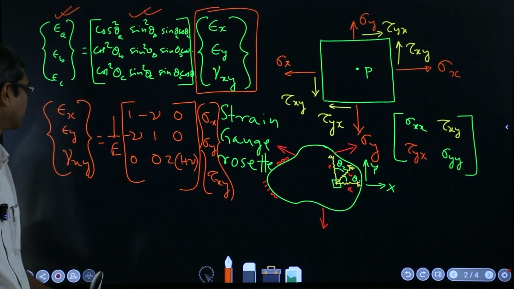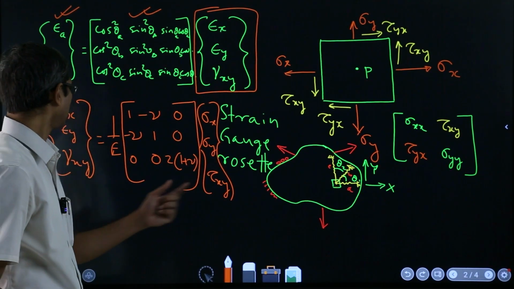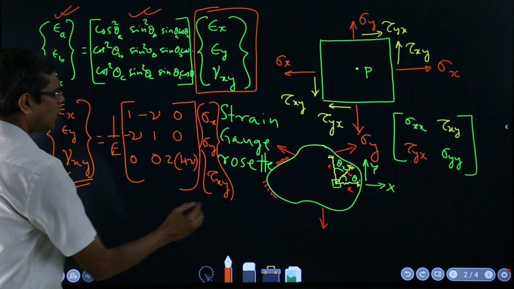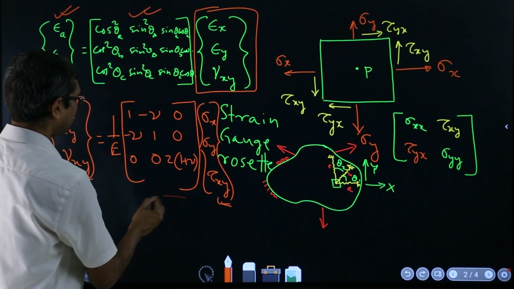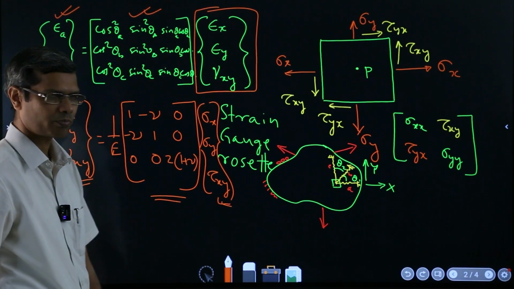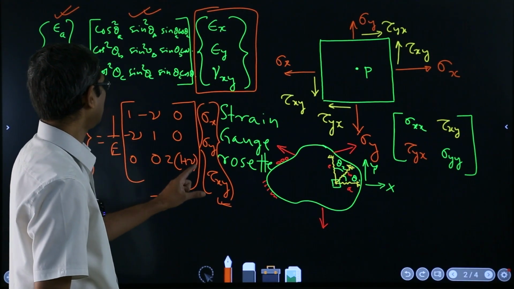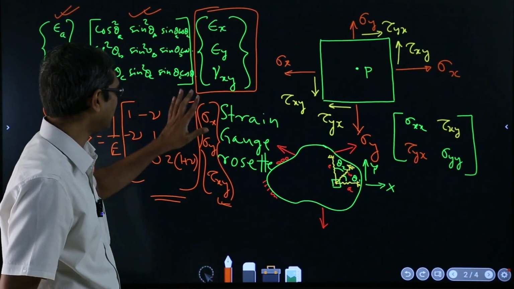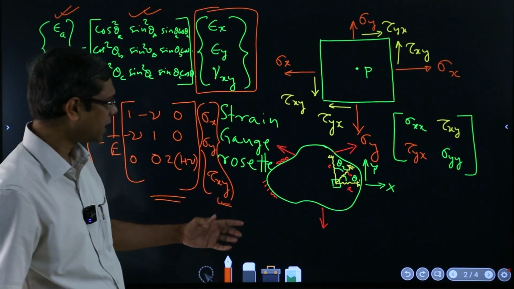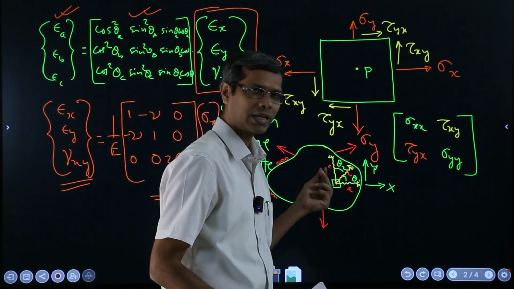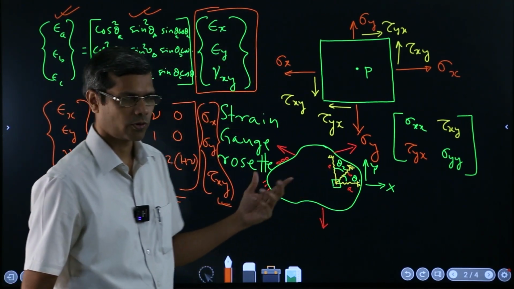Basically this is the relation. Now once you know the strains, you can always calculate the stresses by inverting this and multiplying it here. So that means you are in a position to calculate sigma x, sigma y, tau xy by putting these springs at any location that you wish.